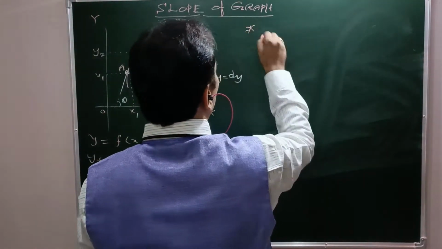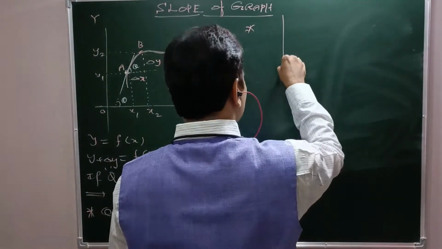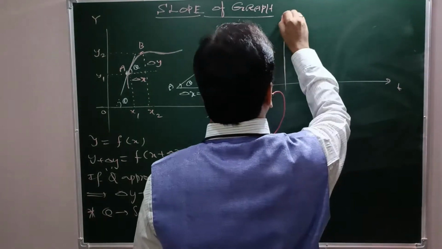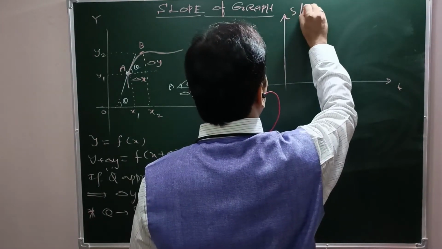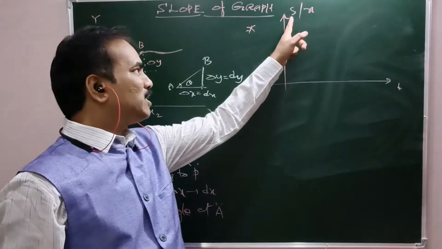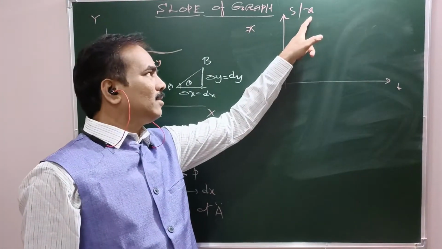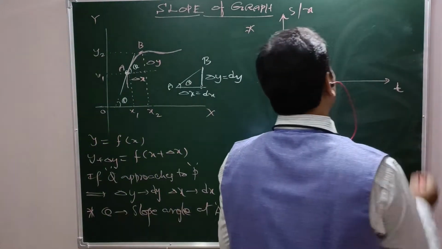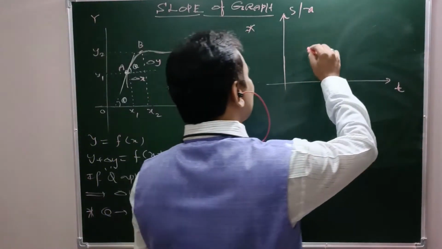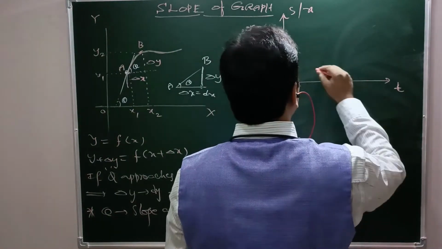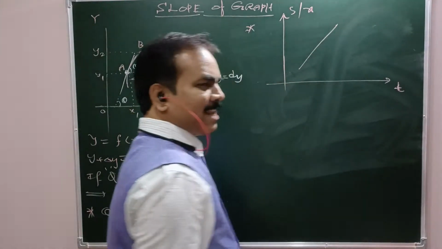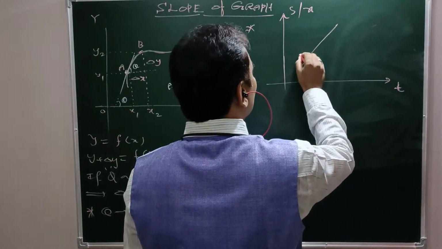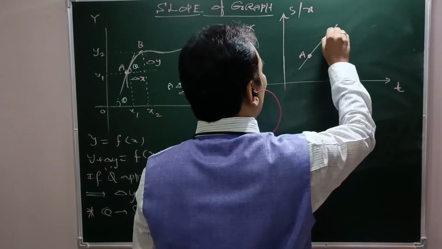For example, see here, this is time, this is displacement, otherwise position x. Either displacement or x, position x, is taken along the y-axis and time is taken along the x-axis. Am I right? Now, suppose this is a variation of displacement with respect to time, as an example a straight line. Suppose here I took 2 points A and B on the curve.